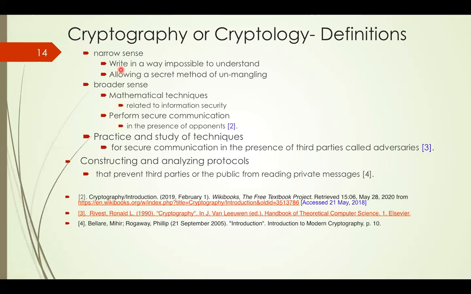For example, if an unauthorized user gets that information, he will not understand it. It allows a secret message or secret method of unmangling, or in a broader sense, reference number 2 says that it's a mathematical technique related to information security, and performs secure communication in the presence of an opponent.